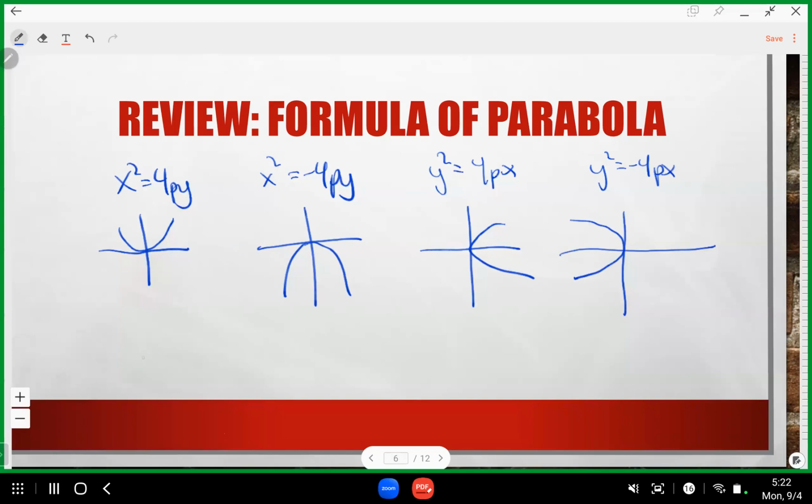And of course, you can have x minus h squared is equal to plus or minus 4p times y minus k. So this is just moving the vertex. And also you can have y minus k squared is equal to plus or minus 4p times x minus h.